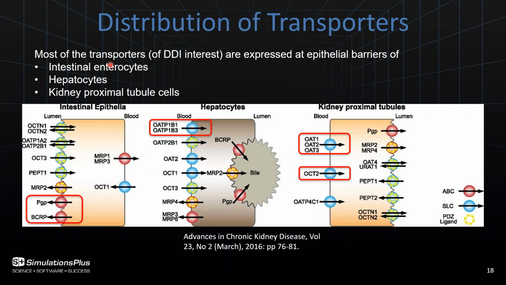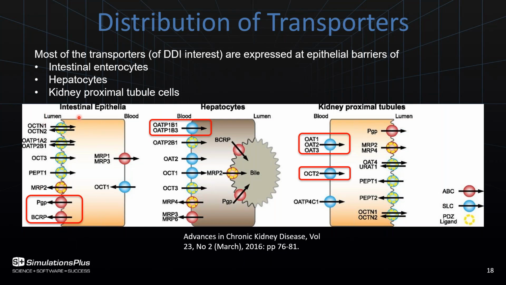So for DDIs, most of the transporters of DDI interest are expressed at the epithelial layer of intestinal enterocytes, hepatocytes, and kidney proximal tubules. In this diagram, we're showing where the transporters are located and whether they're efflux or influx transporters.